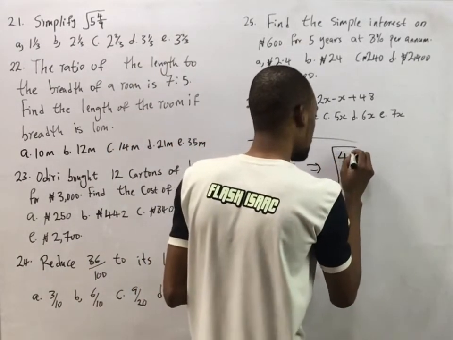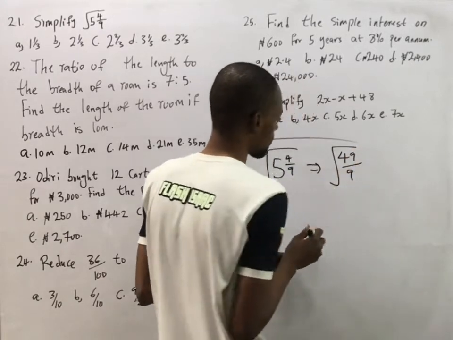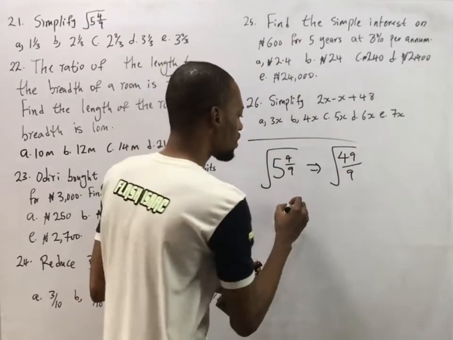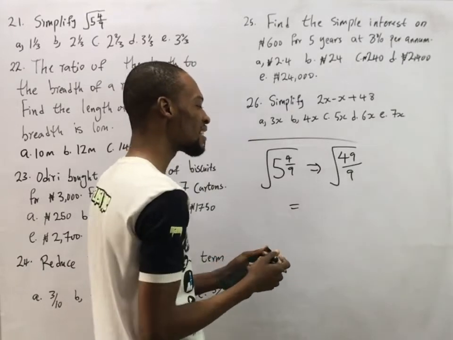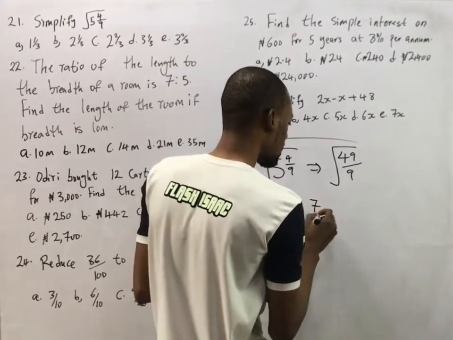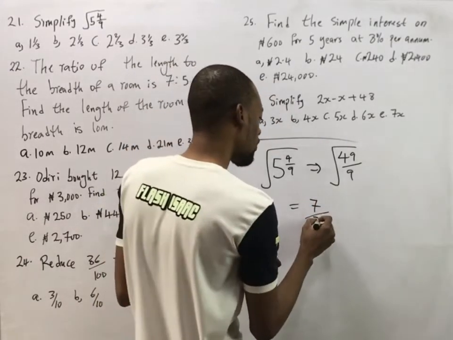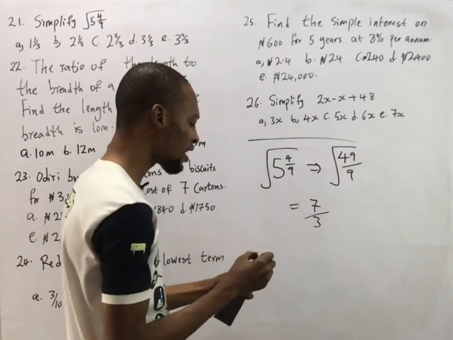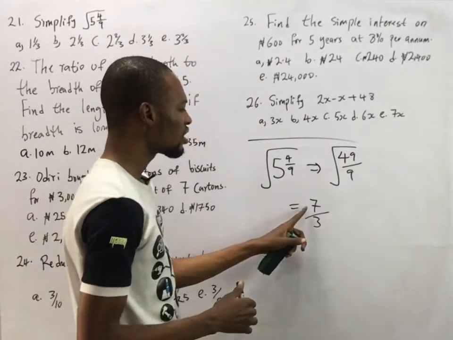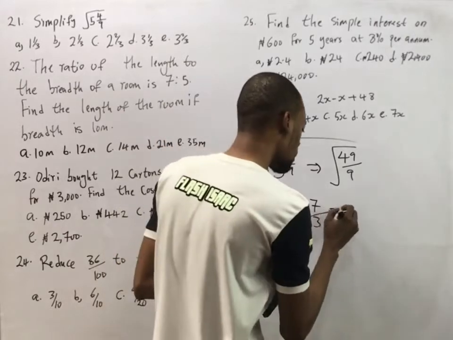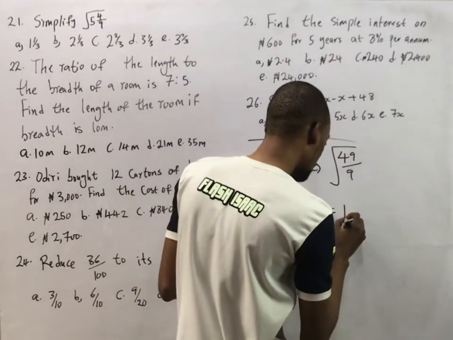So this is 49 over 9. Now, the square root of 49 is 7 and the square root of 9 is 3. So this is 7 over 3.